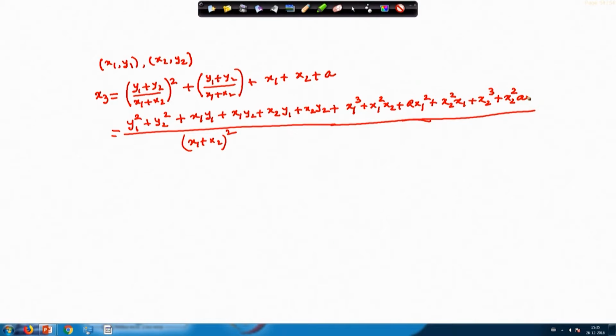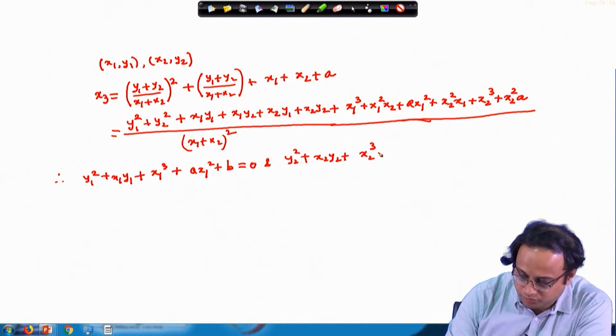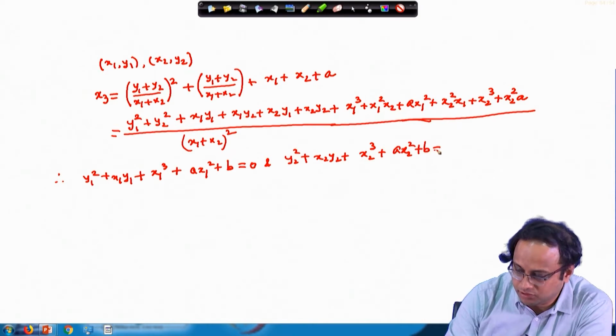Note that p1, that is x1 comma y1, and x2 comma y2 are points on the curve. Since they are points on the curve, I can write that y1 square plus x1 y1 plus x1 cube plus a x1 square plus b is equal to 0, and likewise y2 square plus x2 y2 plus x2 cube plus a x2 square plus b is equal to 0.